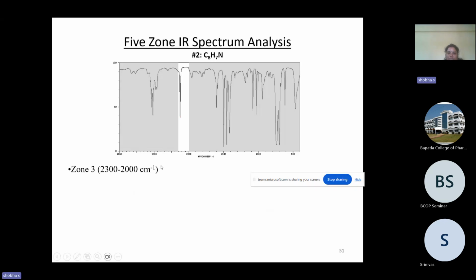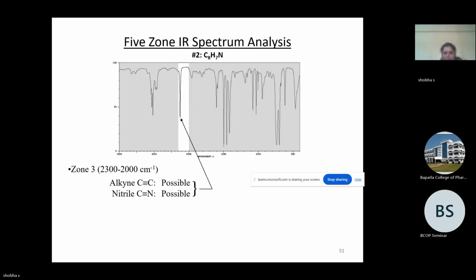Because in the case of 2300 to 2000, we are having a peak. By seeing this peak, we need to think that there may be a possibility of a triple bond containing alkyne or cyanide, that means nitrile. The presence of the peak itself indirectly tells us there may be a chance of triple bond containing compounds.